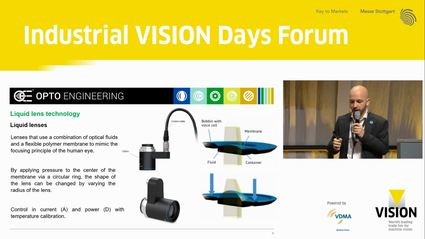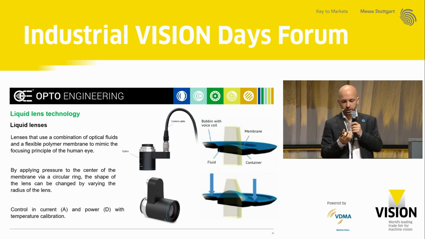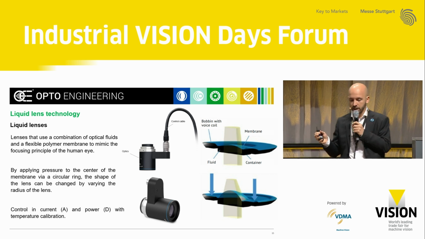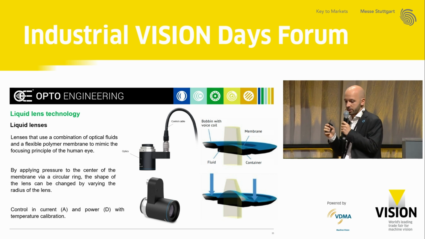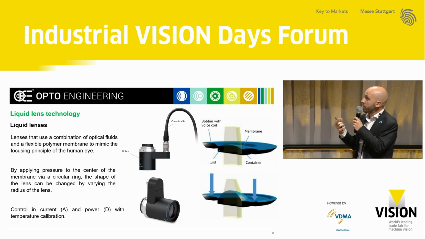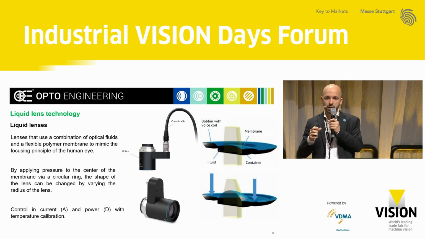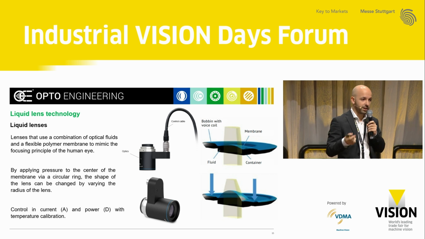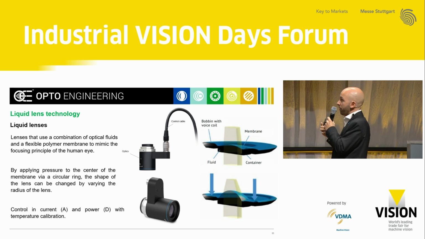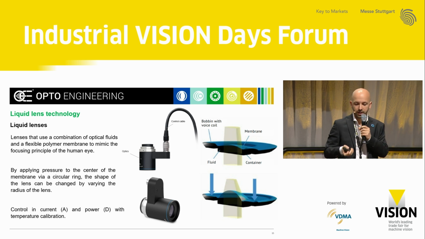Liquid lenses use a combination of optical fluids and a flexible polymer membrane to mimic the focusing principle of the human eye. They work thanks to a circular ring that is moved by a proper electrical current signal control. And the shape of the lens can be changed by varying the size of this ring.